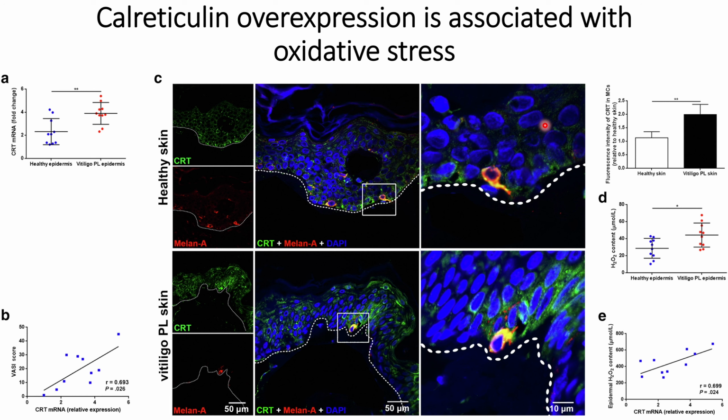This is quantified in panel D, where we can see the difference is statistically significant. That is, the fluorescence intensity of calreticulin in the melanocytes of healthy skin and vitiligo PL skin differs significantly, with vitiligo PL skin having higher calreticulin expression.